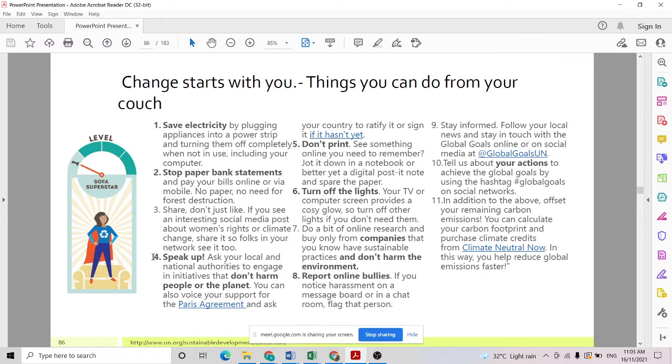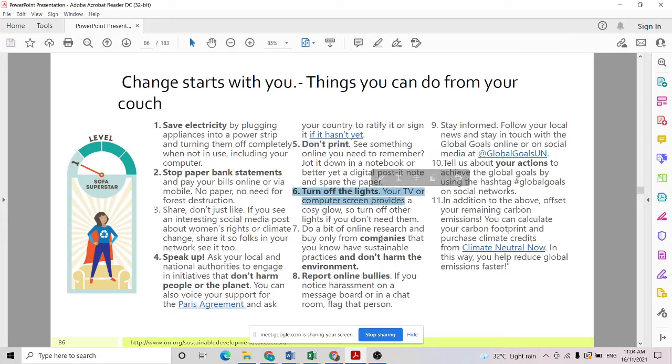Speak up about what is best for sustainability. And then don't print, as I mentioned earlier. If it's very important that you need to print, then you can print. If not, reduce the printing process. And then number 6, this is regarding electricity.